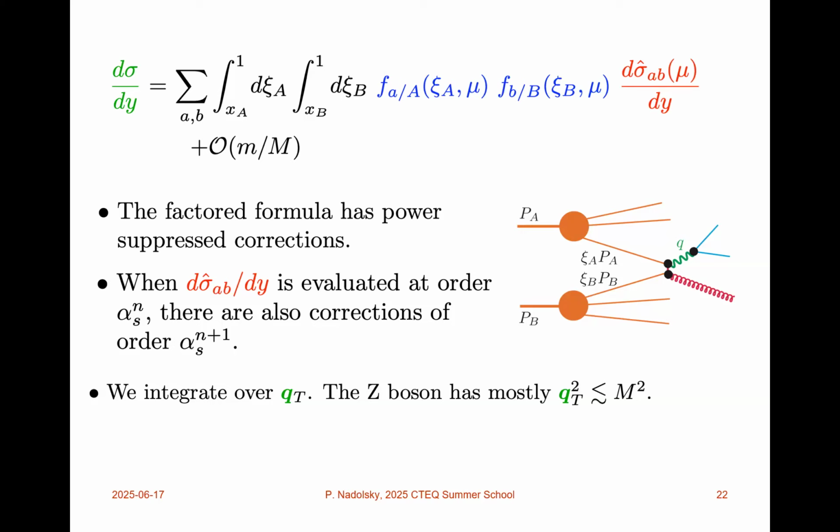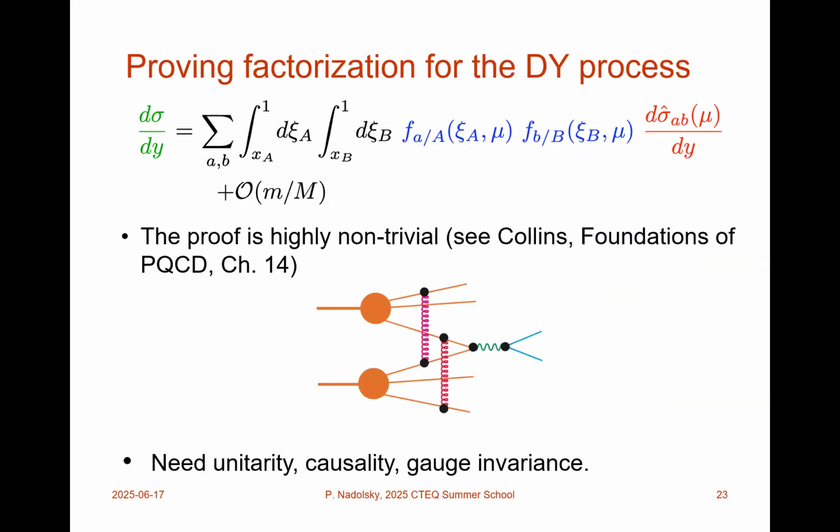Okay, now the other thing is that this formula is shown for the cross section that is integrated over the whole transverse momentum. So therefore you apply the one scale factorization. I'll show you a little bit later what happens when QT is much smaller than m squared or Q squared. Okay, now that's the formula.